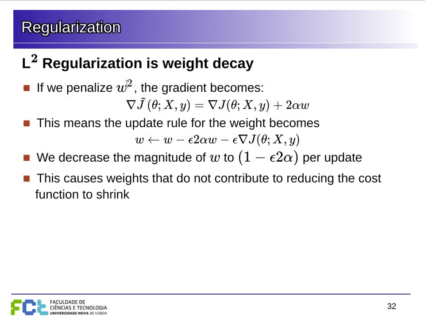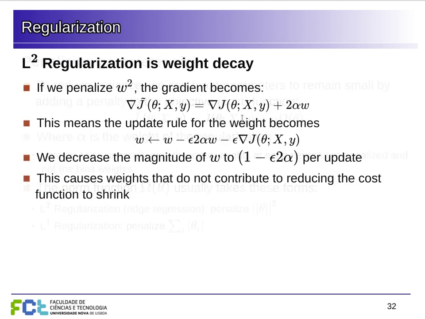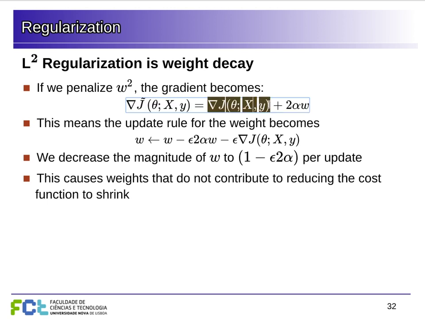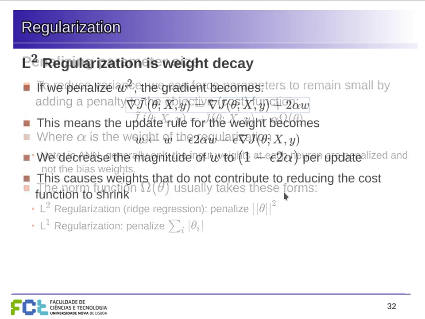If you use L2 regularization, this is the same as weight decay, because if you put here the sum of the squares of the parameters, then for each parameter, the derivative of the loss function will be the derivative of the original loss function plus 2 times the weight of regularization multiplied by the size of the parameter, because this is simply the derivative of the square here.